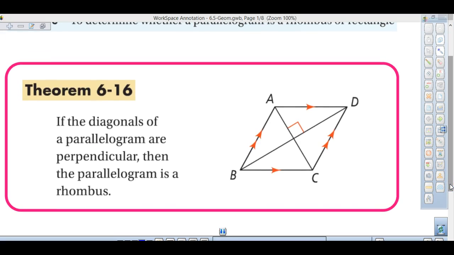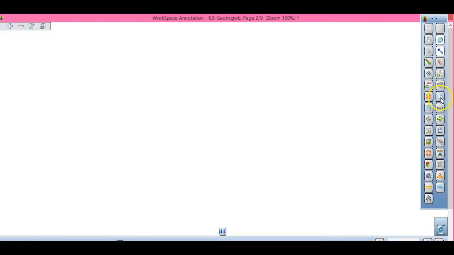Well, okay, so let's talk about a square. A square has 4 congruent sides, which makes it a... Okay, so we know it's a parallelogram. But if it has 4 congruent sides, that makes it a rhombus. It has 4 right angles, which also makes it a rectangle, since we're talking about squares.